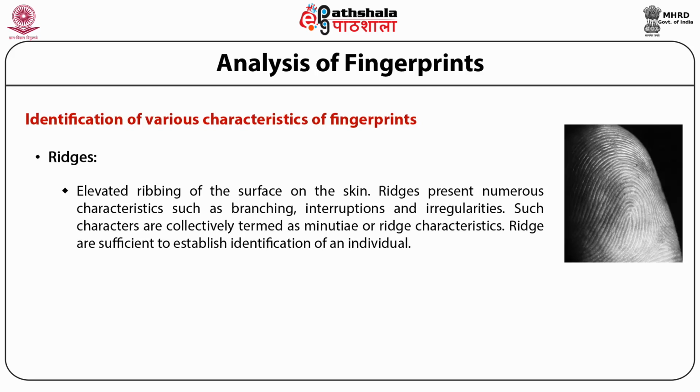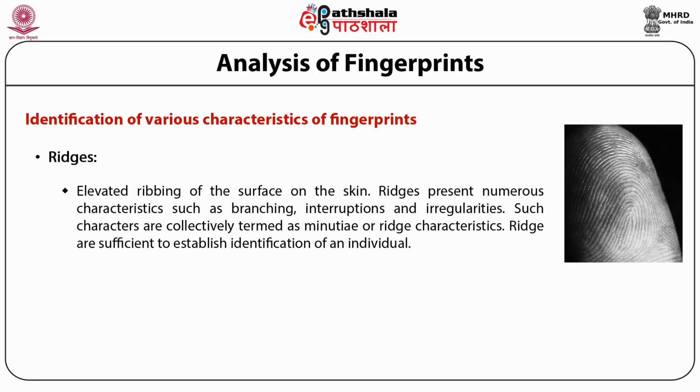Along the side of the ridge runs a single row of sweat gland ducts spaced at regular intervals. The distance between successive sweat pores on a ridge is about equal to the width of the ridge.